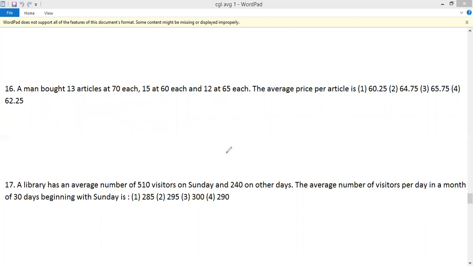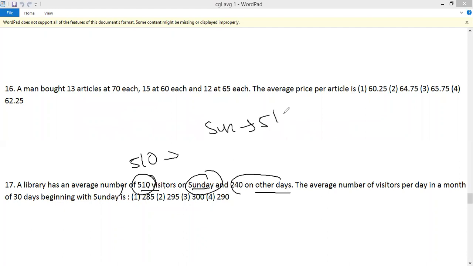See here. Next question. Fight and observe visitors on see here on Sunday. Fight and visitors. Okay. 240 on other days. So average number of visitors 510 on Sunday and 240 on other days. So Sunday 510 visitors average remaining days but how much 240, right?